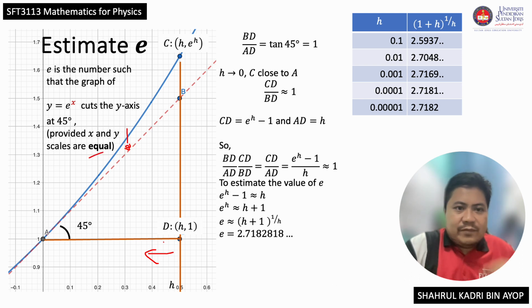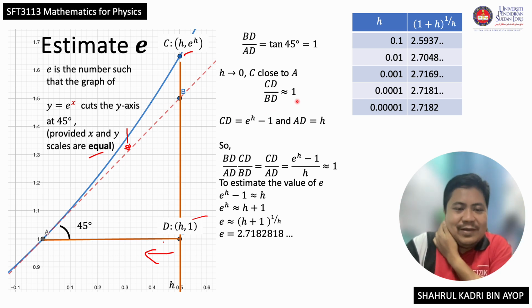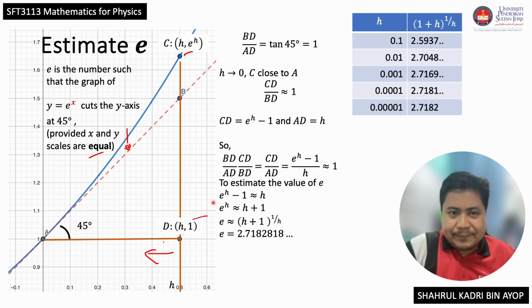It will become very close. That means CD divided by BD becomes smaller as we go to the left, and it will be equal to 1, because 45 degrees means this divided by this is close to 1.